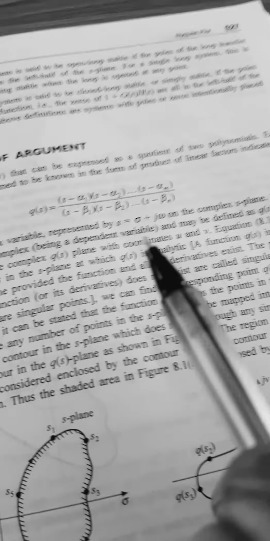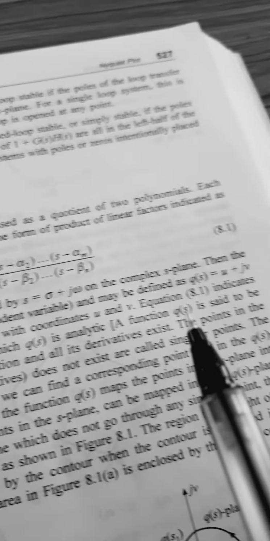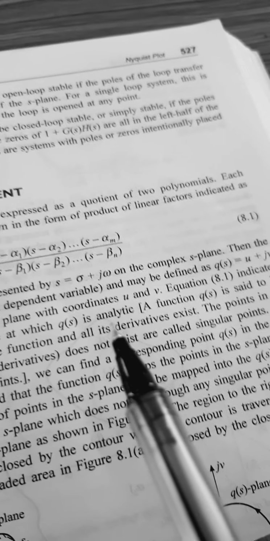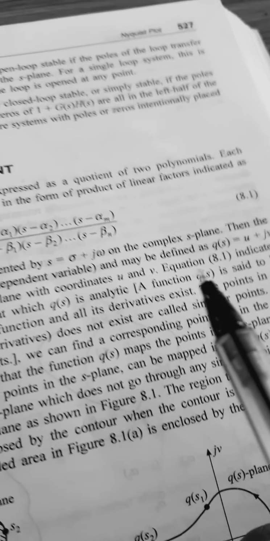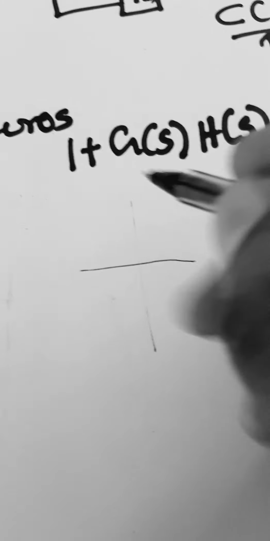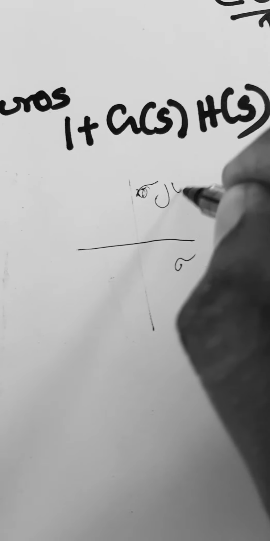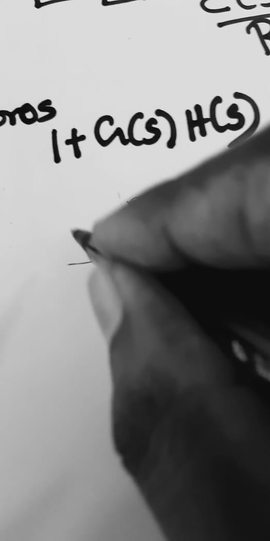So when you are telling it as analytic, what are the required conditions? Equation 8.1 indicates that for every point s in the S plane, here you have the S plane, this is sigma, this is j omega, this is the S plane.